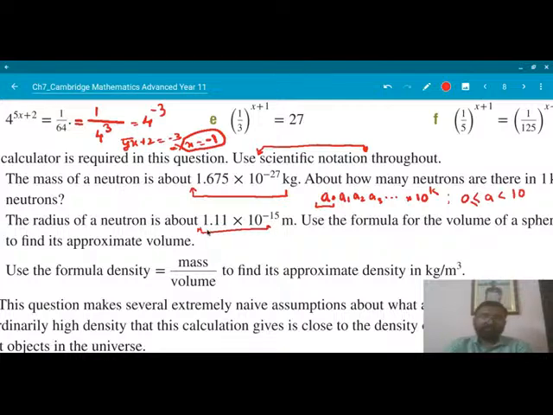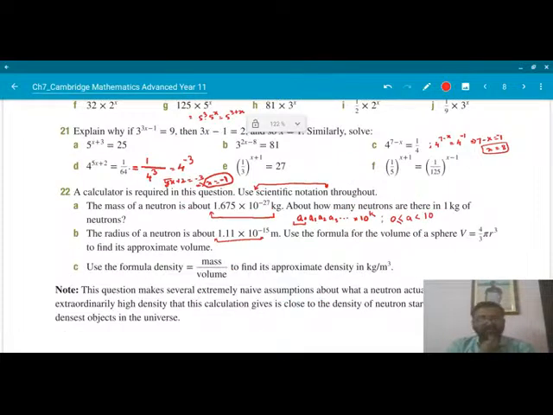Okay. So he's asking, what is the mass? He has given the mass. How many neutrons are there in 1 kg of neutron? So it is for 1 kg. The mass of one neutron is given, and how many neutrons are there?